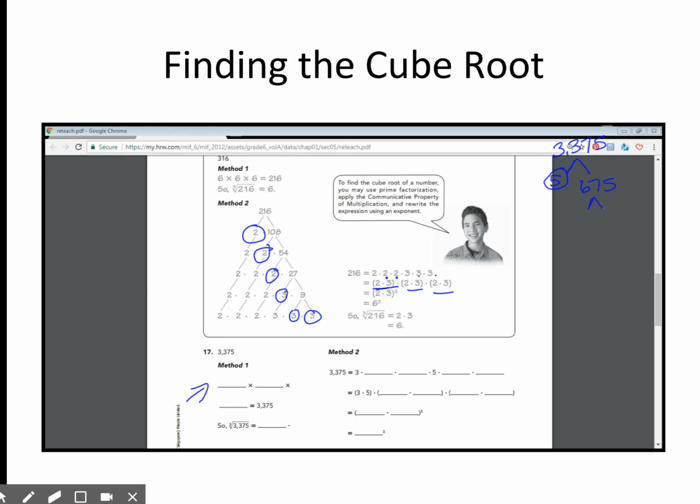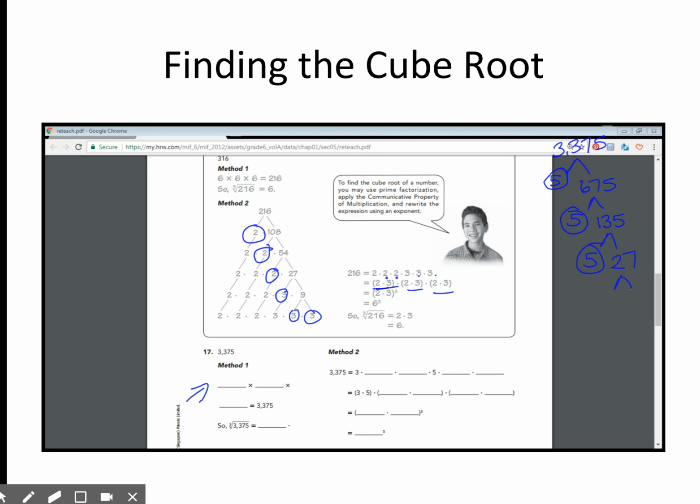I'm going to keep going with that 5. Anytime I see it ends in 5 or 0, I know I can use 5. So 675 divided by 5 is 135. There's another 5, so I'm going to keep going. Divide by 5. That will be 27.